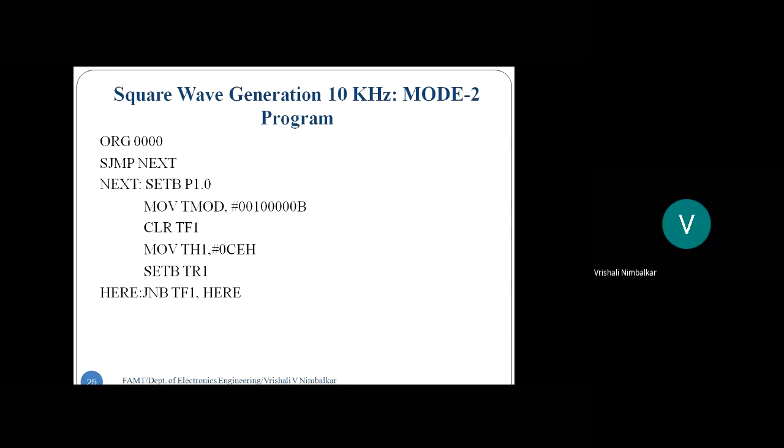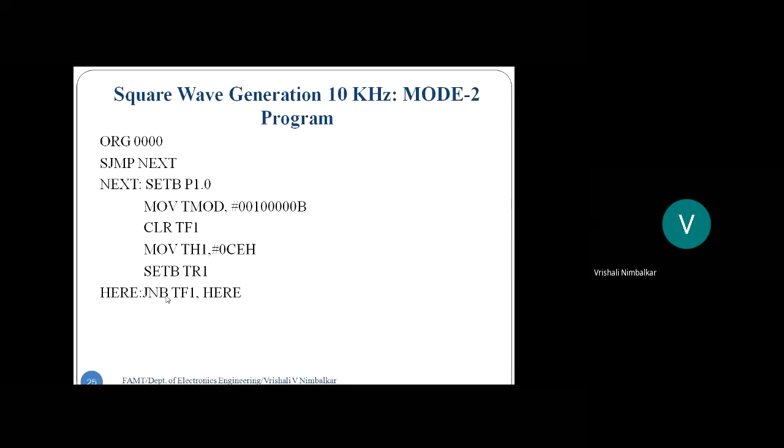The microcontroller will be continuously checking: jump if the bit is set. Is TF1 1? Is TF1 1? Meaning the microcontroller is fully busy executing this instruction. It cannot do any other operation because you have made the microcontroller keep on doing this. So this is called the polling technique.